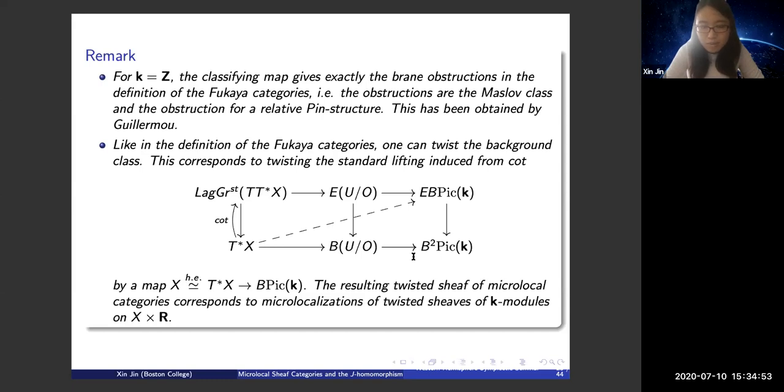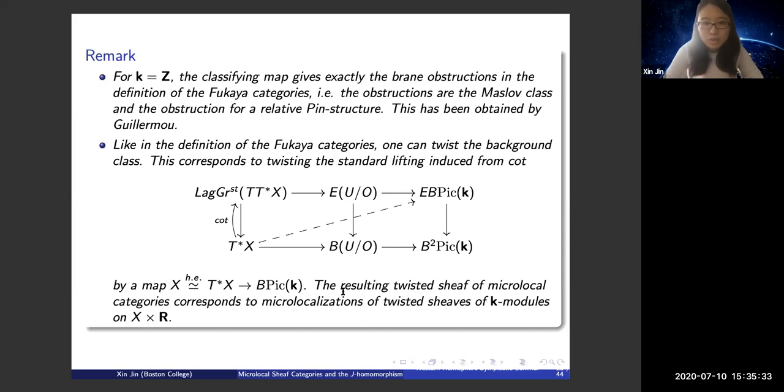This map, from the theorem, is the double delooping of the J-homomorphism, and choosing a background class is choosing a lifting. The standard one is induced from the cotangent fiber. You take the section to the stable Lagrangian Grassmannian, and then you map to this contractible universal space. And of course, you can twist this map by some map from T*X to BPic.